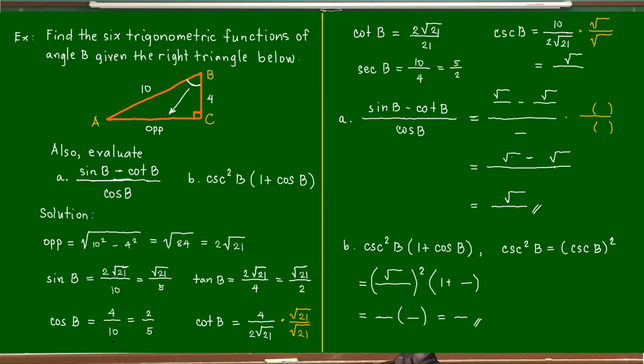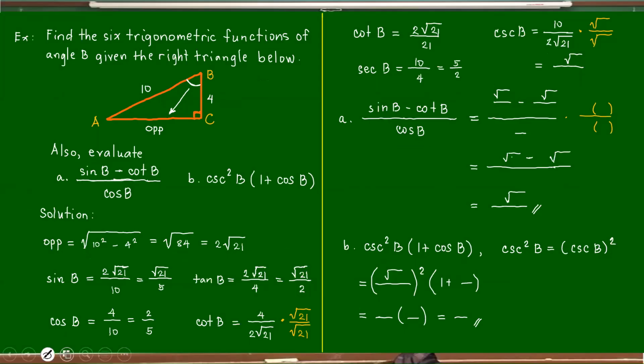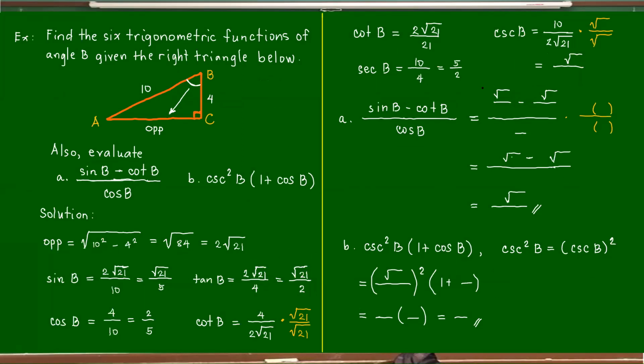So multiply again by square root of 21 over square root of 21 to rationalize the denominator. So this is 10 divided by 2, that is 5, square root of 21 over 21.